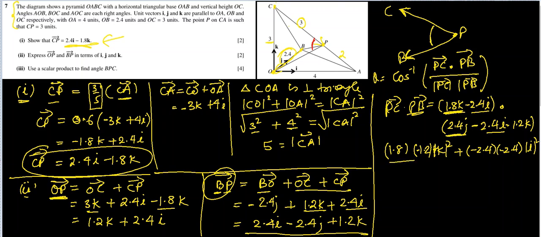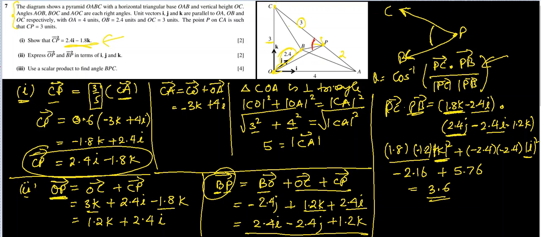If I multiply these two, minus 2.16 K squared, the magnitude of the K unit vector is 1 and 1 squared is 1, so do not write it, plus 5.76, again I squared magnitude is 1, so it will be 3.6. That is the numerator of this cos inverse.